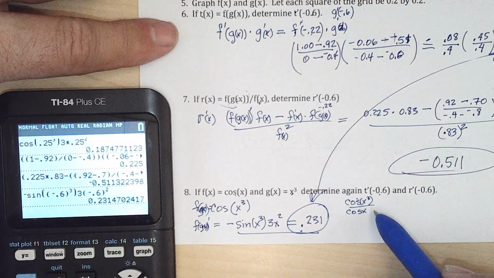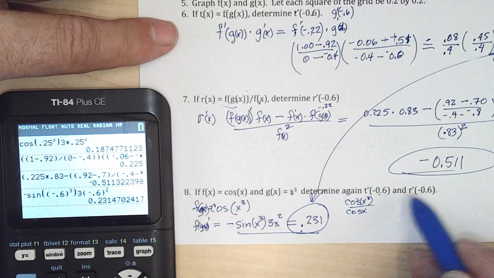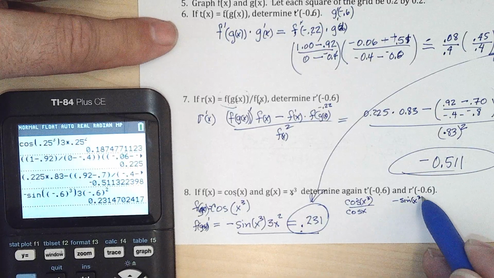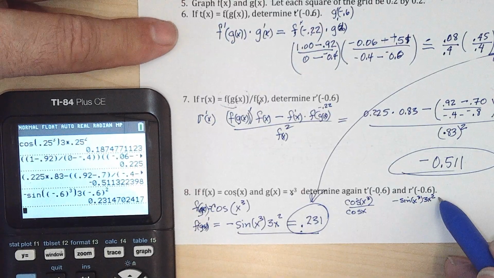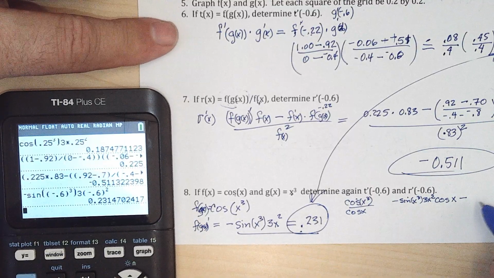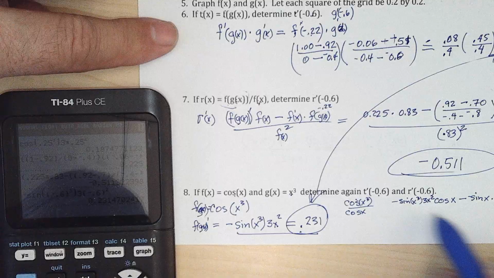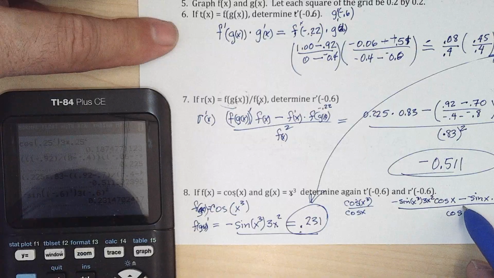So its derivative is the derivative of the numerator, which we did here, negative sine of x to the third times 3x squared times the denominator, minus the derivative of the denominator, which is negative sine x times the numerator, cosine of x to the third, over the denominator squared.